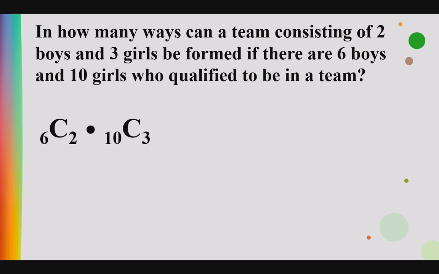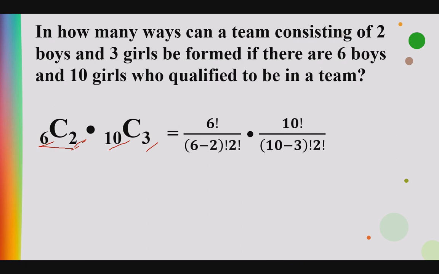Una, yung sa boys, 6 and 2. 6 ang pagpipilian. Meron tayong 6 na lalaki pero 2 lang ang pwede. Then, 10 sa girls pero 3 lang ang pipiliin. So, ang gagawin natin via fundamental counting principle, ayan, i-multiply natin yung sagot sa dalawang ito, which will be 6 factorial over quantity 6 minus 2 factorial times 2 factorial times 10 factorial over quantity 10 minus 3 factorial times 3 factorial.